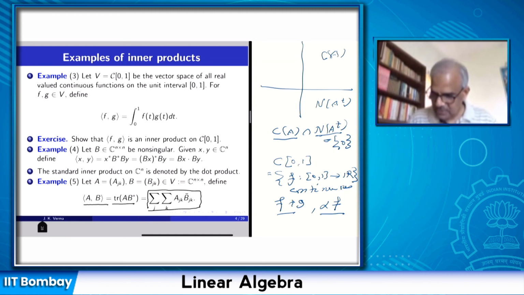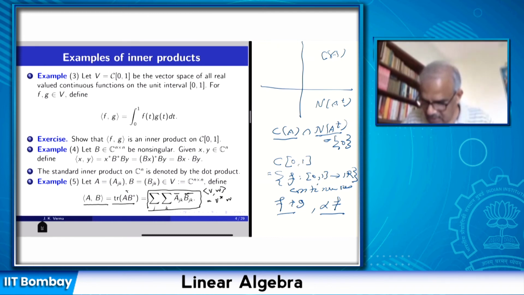So this is simply the trace of AB star. You can check this right-hand side is simply the trace of AB star. I need to change this a little bit. Earlier, when I had two vectors in Cn, I declared the inner product to be V star W. So if you want to keep this property, then I have to take A bar and this.